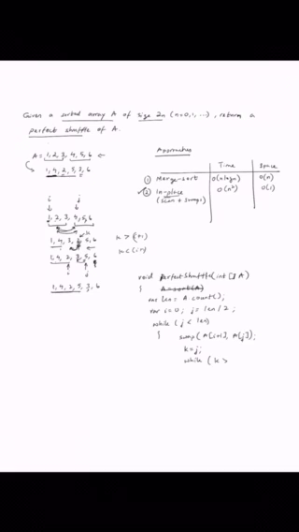So while k is greater than I plus 1, you'd swap a of k with a of k minus 1. And then let's say you decrement k. Okay, so your swap is done.